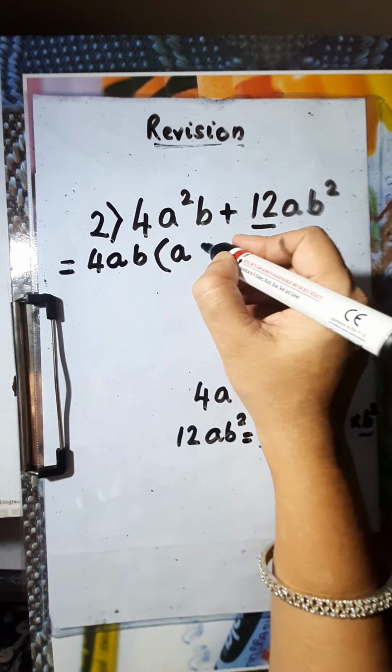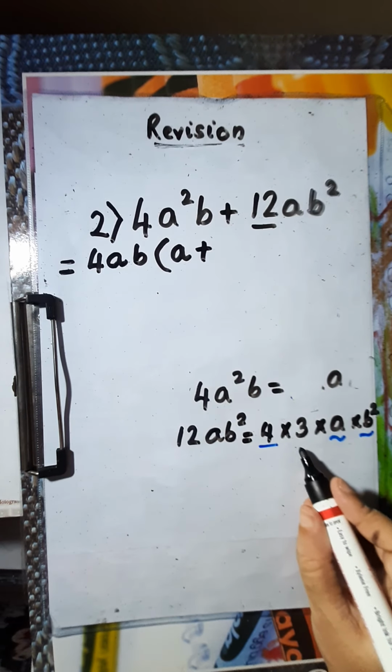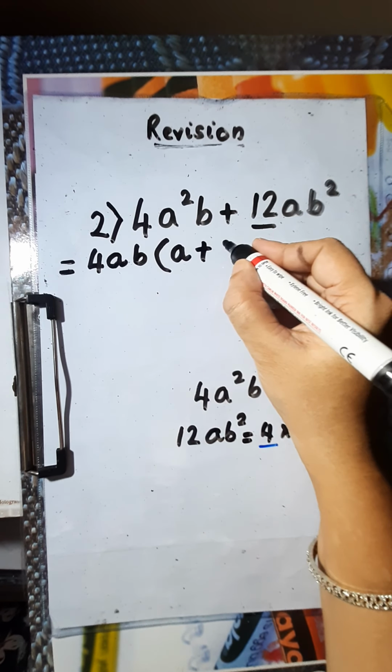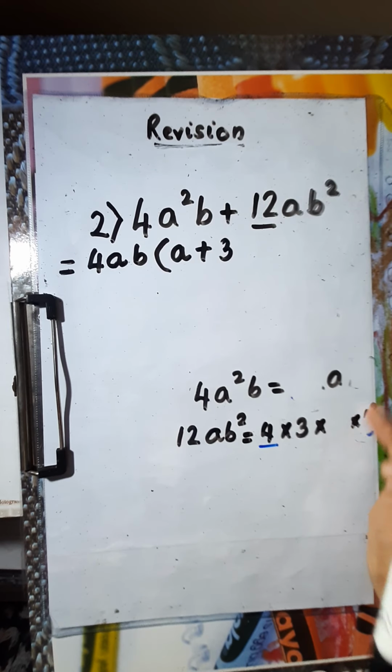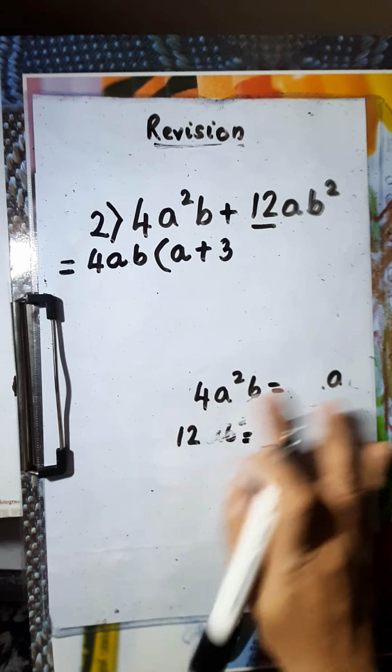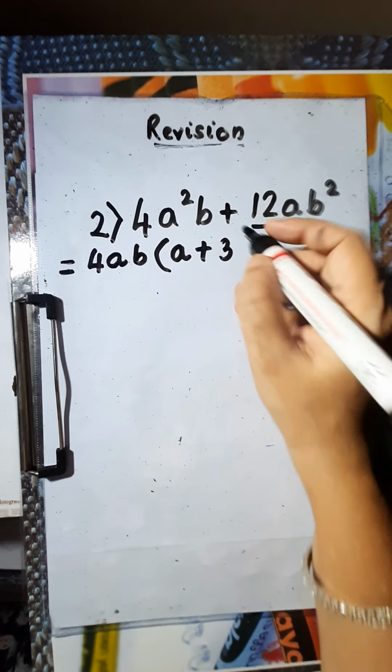Now let's see the next bracket, plus. This is 3. This a has gone, and b has gone away, so I am left with 3b.